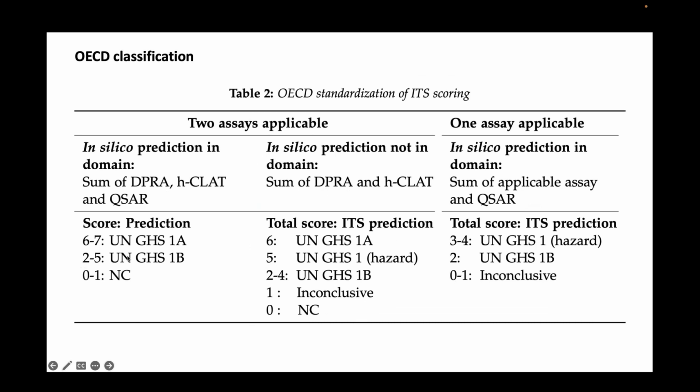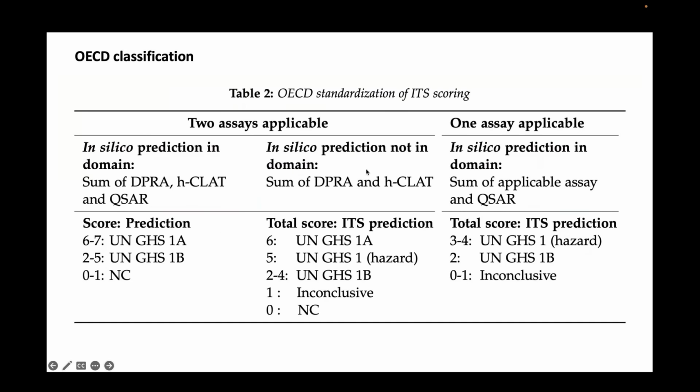And then you see the chemical can be classified as 1B, meaning it is a weak or moderate skin sensitizer. 1A means strong sensitizer, 1B moderate or weak sensitizer, and non-classified does not mean that it is a negative prediction, it is just not classified. So you have those 3 classifications.